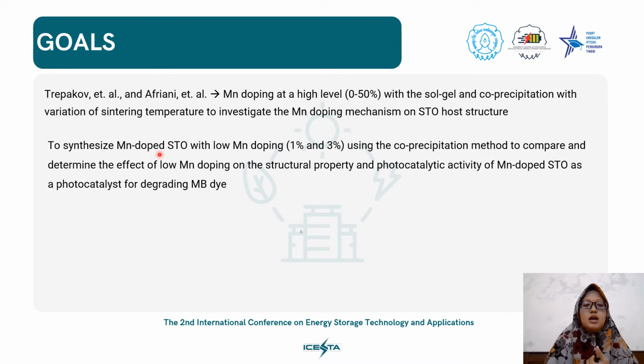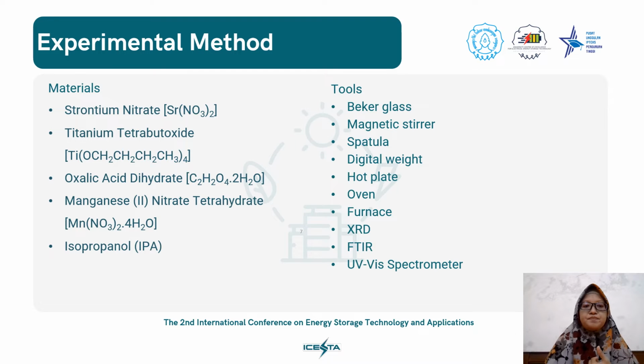So here, the aim of the study is to synthesize manganese-doped SrTiO with low manganese doping, which is 1% and 3%, using the co-precipitation method, and to compare and determine the effect of low manganese doping on the photocatalytic activity of manganese-doped SrTiO as a photocatalyst for degrading MB dye.